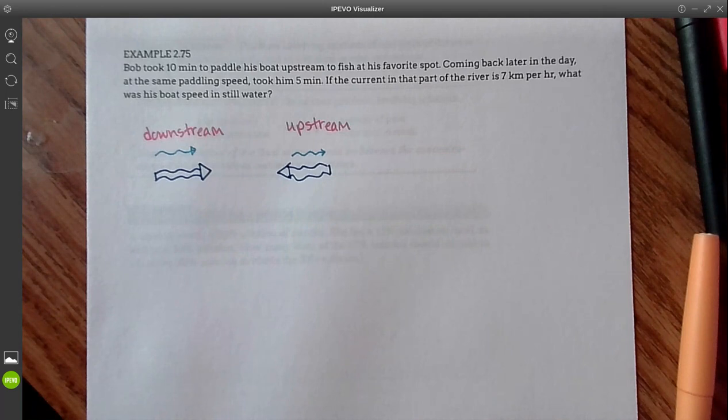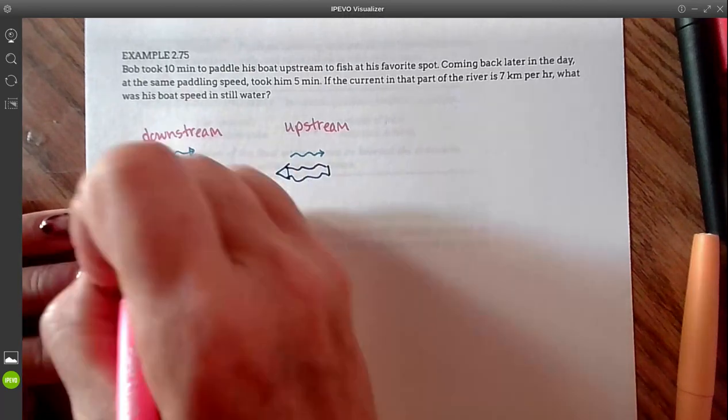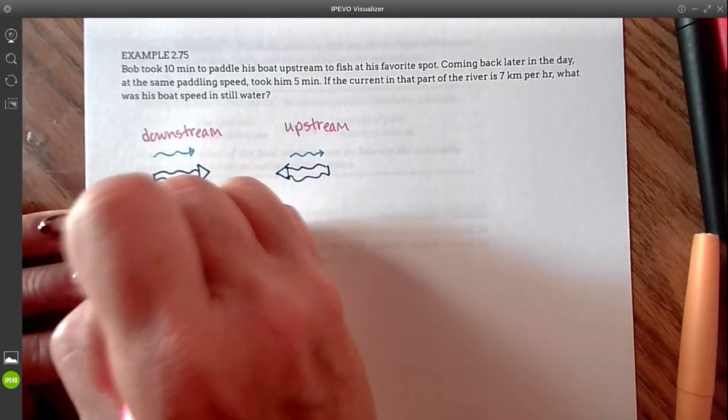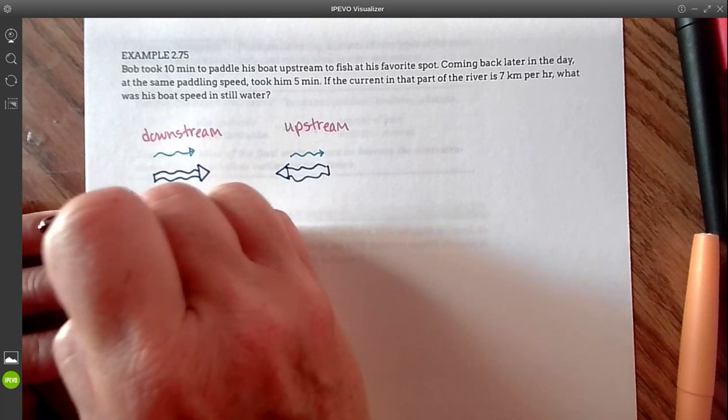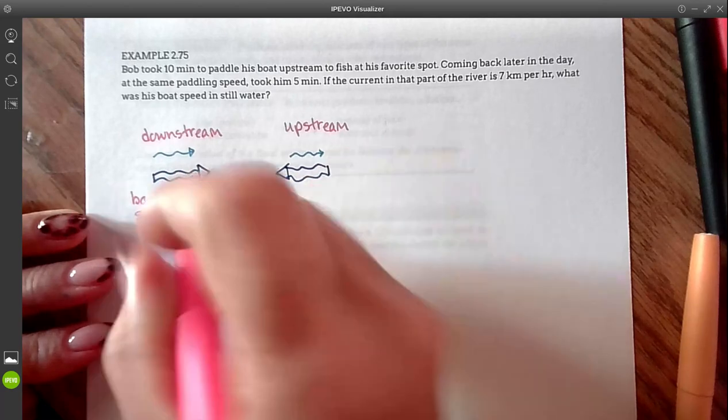What's really important though is that you keep them in the correct order. Whichever one has the faster speed has to go first in your scenario. So when we're going downstream, we're going to have either the boat or airplane, and we're going to add the current speed, which would be like the air speed around it.